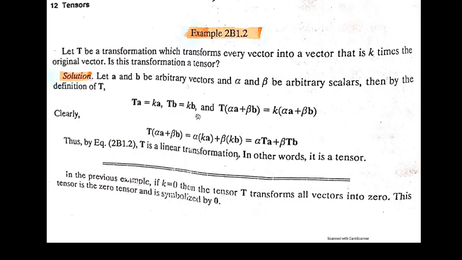So T will transform this vector into k times the original vector. Here the vector which is being transformed is alpha A plus beta B, so its result after transformation will be k times this vector, alpha A plus beta B. Now this is the left hand side.